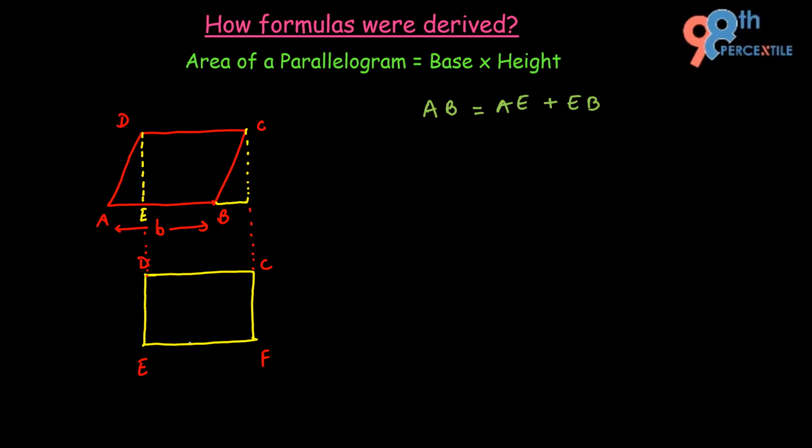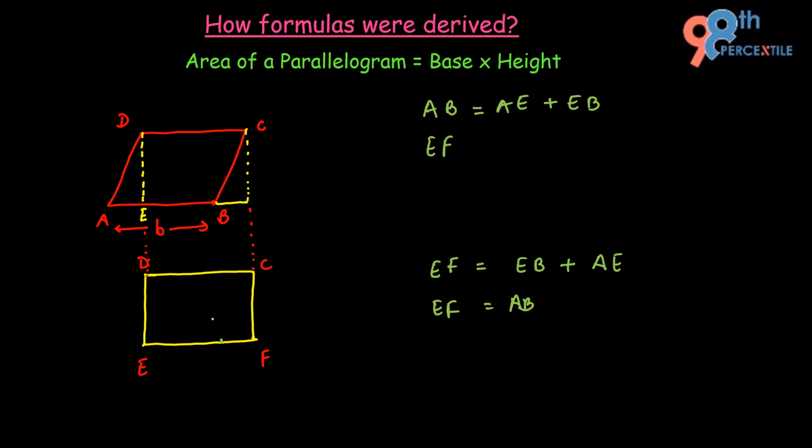So then I got this new length EF for my new figure, which is made up of this length EB and this new length, which is nothing but AE, because I picked up this triangle and placed it over here. So again, you have EB plus AE, which is nothing but AB only.